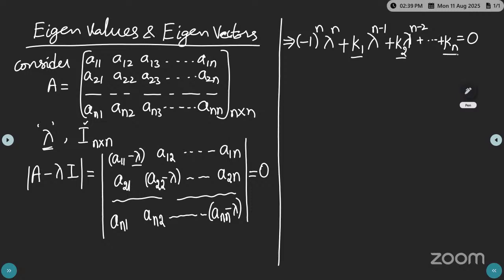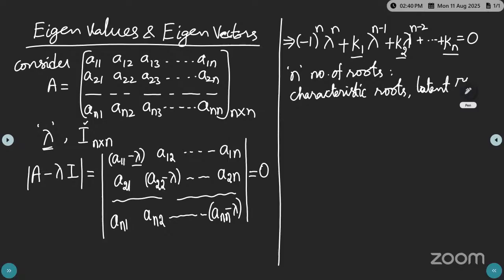And this equation possesses n number of roots, known as characteristic roots, or latent roots, or eigenvalues.